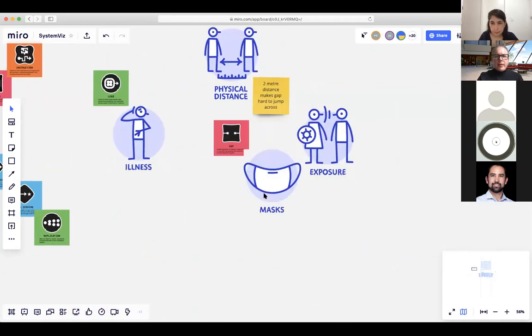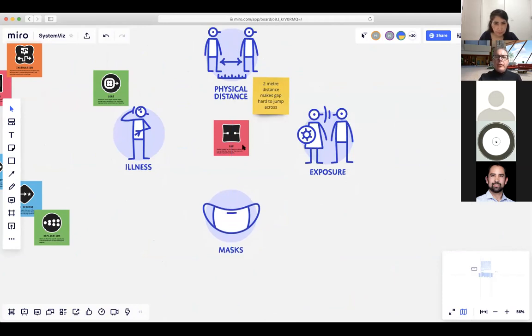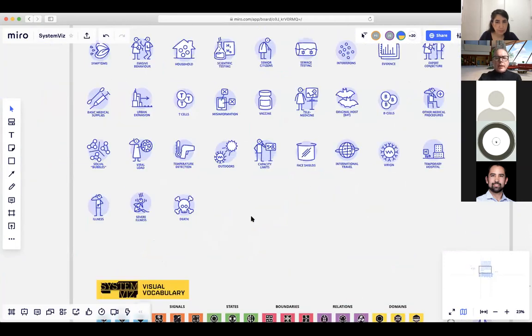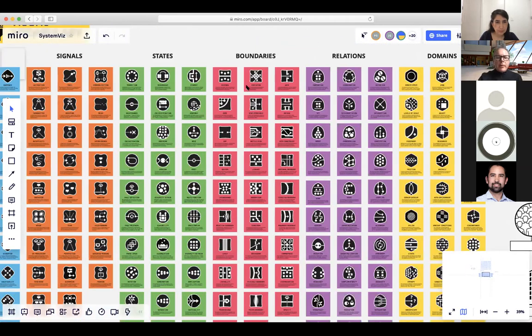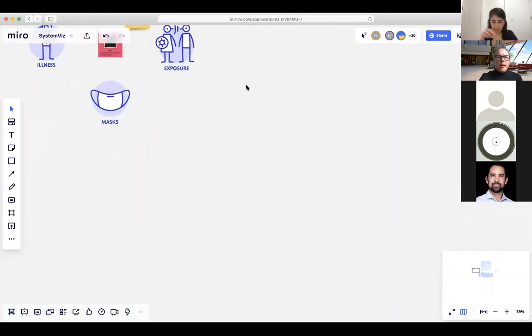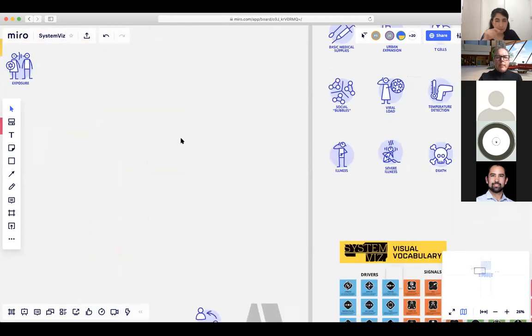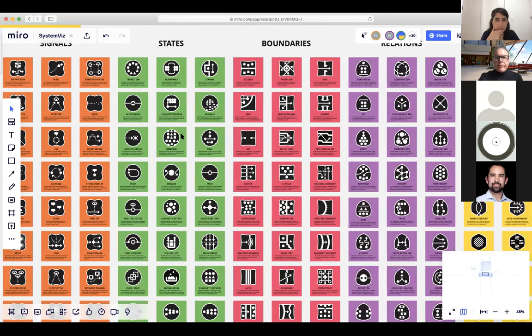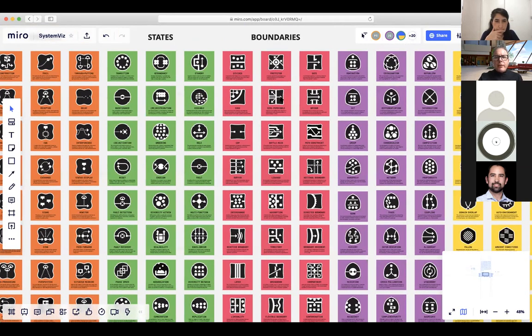A mask also affects that gap by making it harder for the virus to jump across. What is a mask? Well, we already discussed masks. Masks are protectors that help protect an individual from getting the virus. As we discussed before, it's got a filtering quality.